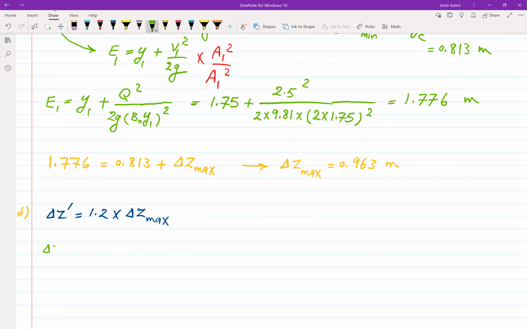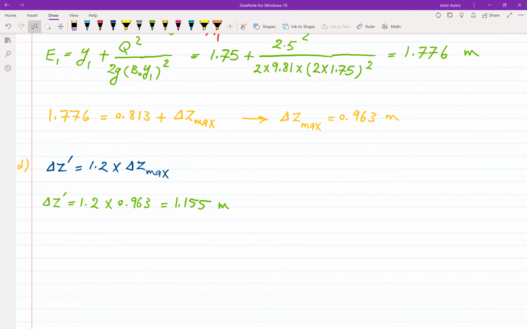So delta Z prime is going to be 1.2 times 0.963, which gives you 1.155 meter.